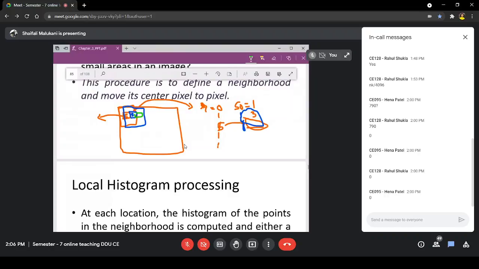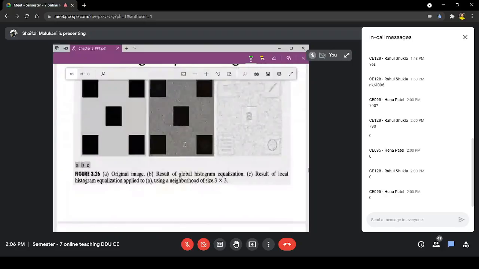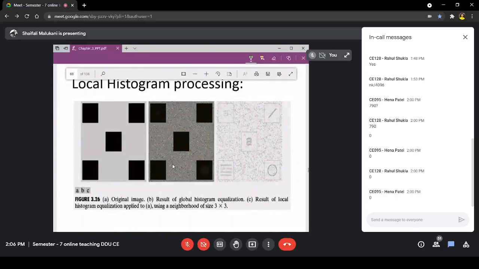Now, what is the advantage of doing so? The advantage is, suppose you have this type of image, and if you apply histogram equalization to the entire image, then it might not enhance the results which are hidden in the dark portion. Here you can see something is there.